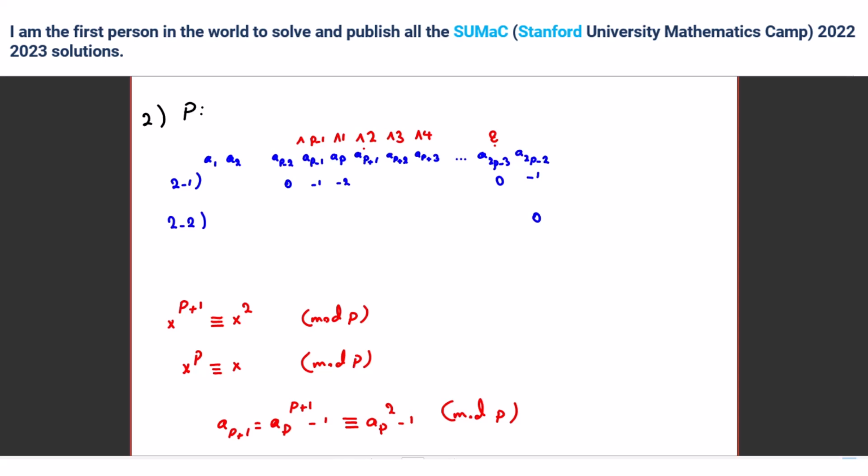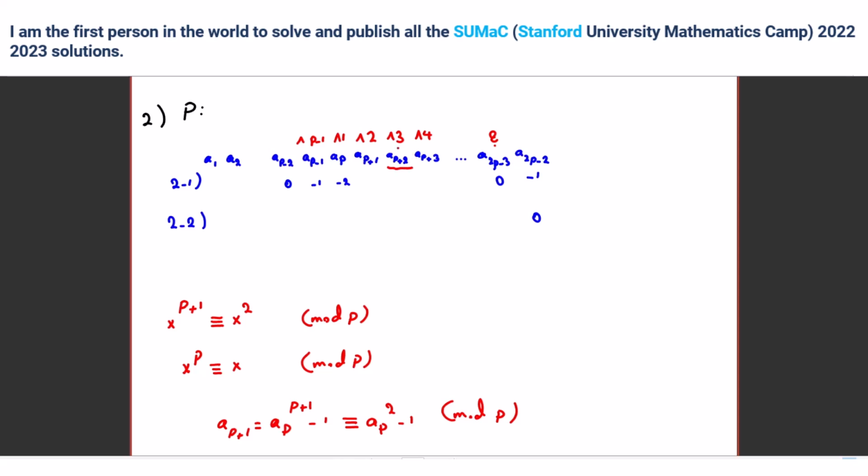Understood or want me to explain? Can you repeat that? Look, do you agree that for calculating a^(p+1), we should raise to the power of p plus 1? Yes. So you said p plus 1 is equivalent to a square. So this one is equivalent to finding the square of the previous one minus 1, right? This one is raised to the power of what?